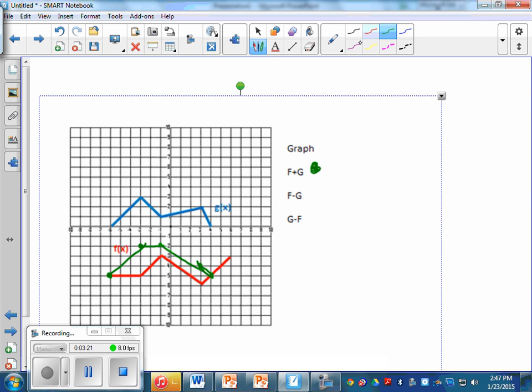All right, for f minus g, let me pick a different color. I'll pick this purpley color. So f minus g, what you have to make sure is it's got to be the red number minus the blue number. So it's going to be negative 5 minus 0 here, so that'd be negative 5. And then here it'd be negative 5 minus 3, which would be negative 8.